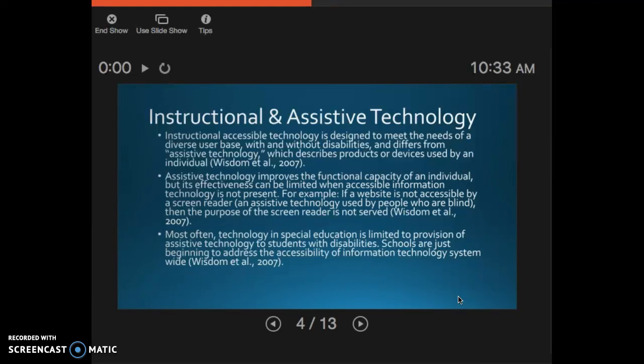Let me give you an example. If a website is not accessible by a screen reader, which is an assistive technology used by people who are blind, then the purpose of the screen reader is not served. So when you think of technology in special education, we'll have to consider both the lenses, the instructional and the assistive piece.